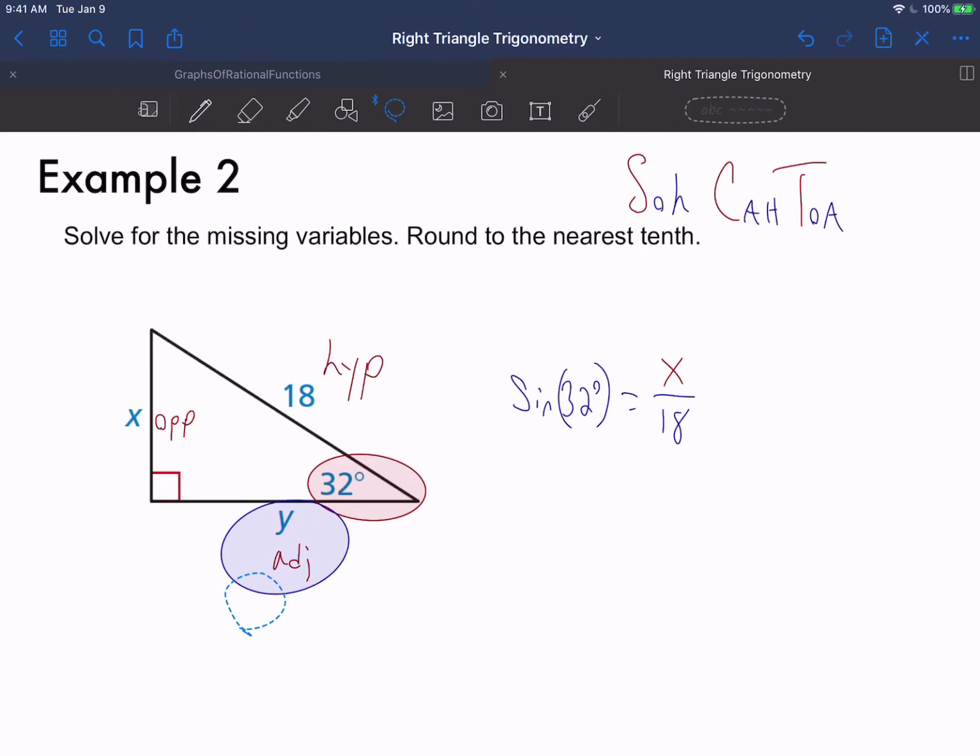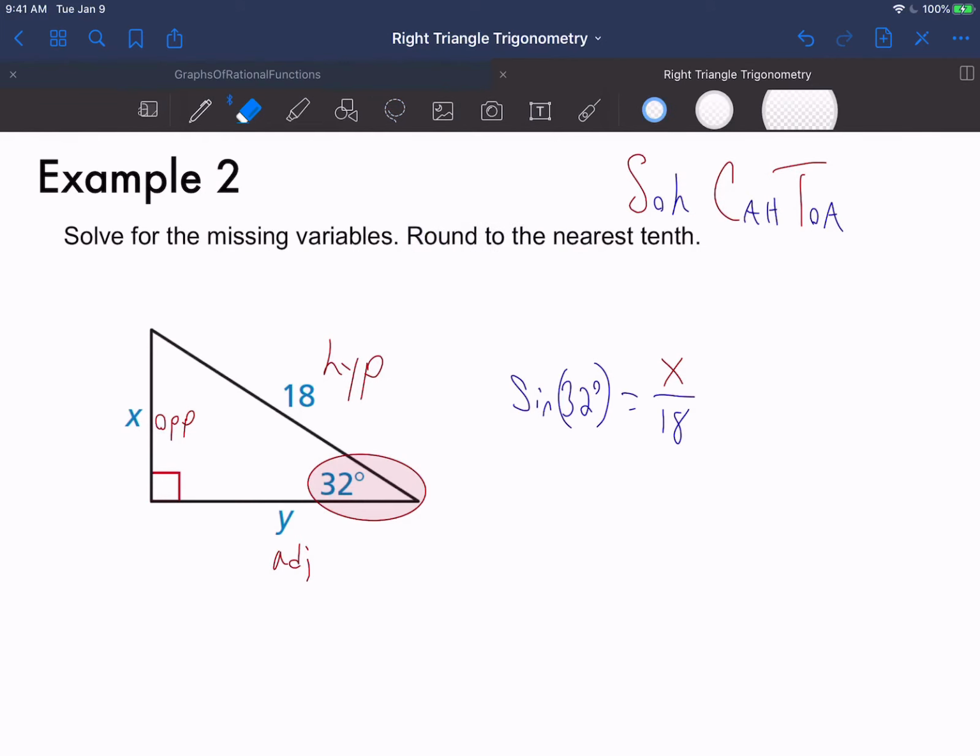I'm going to just use y. So I need a trig function that involves adjacent and hypotenuse. So when I go to solve for y, I need to find the adjacent, but I need to know something else. So I happen to know the hypotenuse. So which trig function involves adjacent and hypotenuse? Not sine, cosine, right? AH, adjacent and hypotenuse.